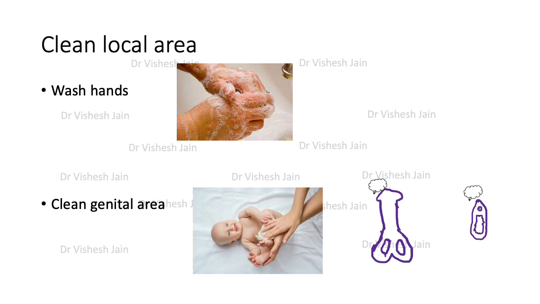In females, the cleaning should be done in a direction that is anterior to posterior, not going all the way to the anus, because the anus is the area from where we pass stools, and this area is likely to be heavily contaminated with bacteria. So we clean from anterior to posterior, stopping short of the anus, and we repeat the same action, cleaning the vestibule, at least 3 to 4 times.